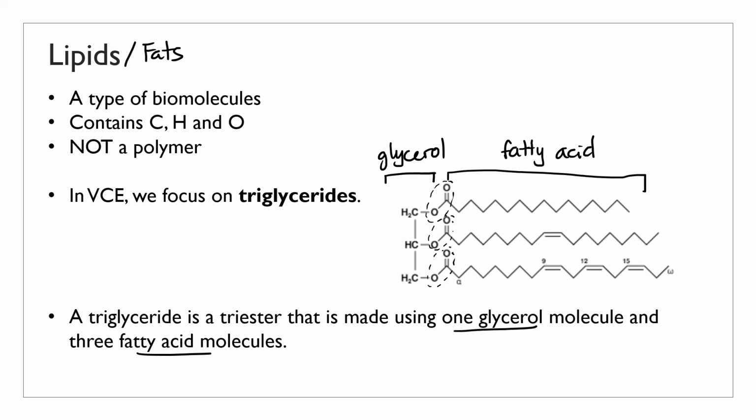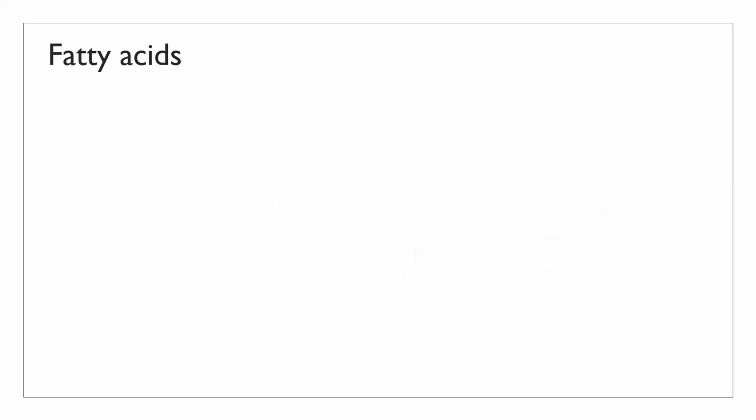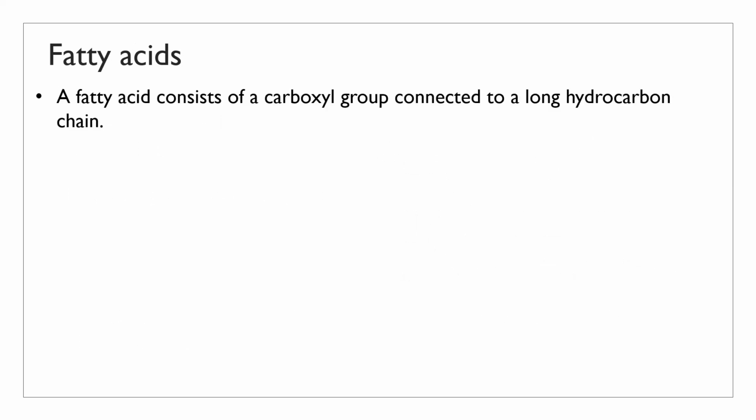We're going to look at fatty acids specifically in this video, and in the next video, we'll look at how we can actually form the triglyceride via condensation reactions. All right, so let's talk about what a fatty acid is. As the name suggests, a fatty acid is an acid, so it consists of a carboxyl group, specifically an organic acid, and the fatty part just refers to the incredibly long non-polar hydrocarbon chain that is attached to the carboxyl group.